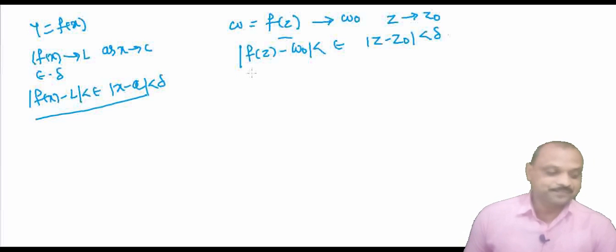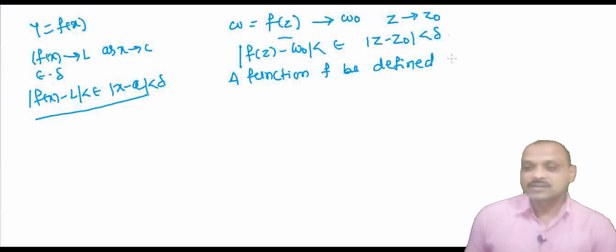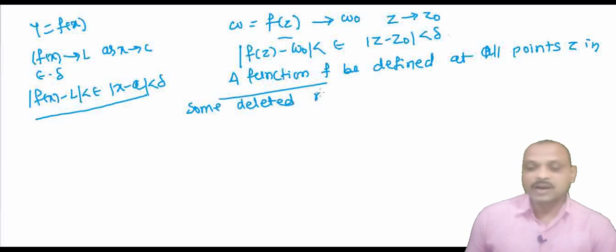Let a function f be defined at all points z in some deleted neighborhood. For neighborhood, I am using the short form NBD.